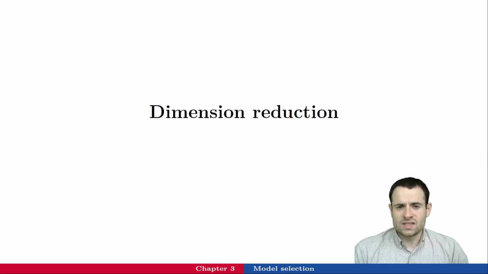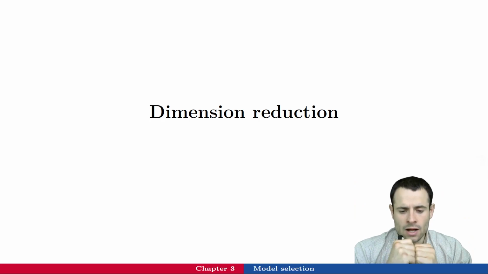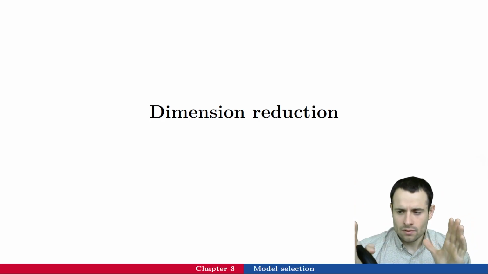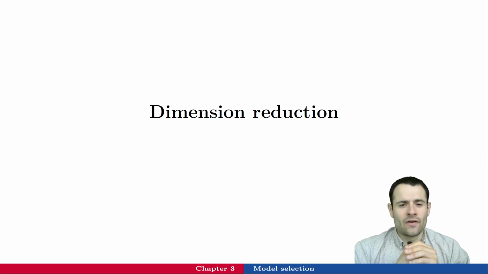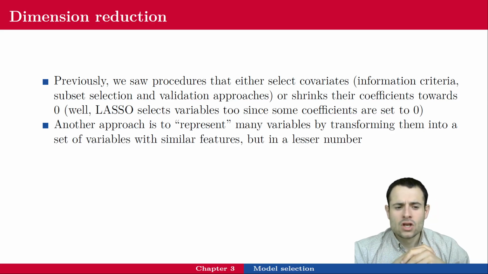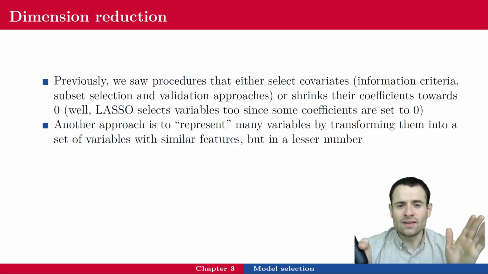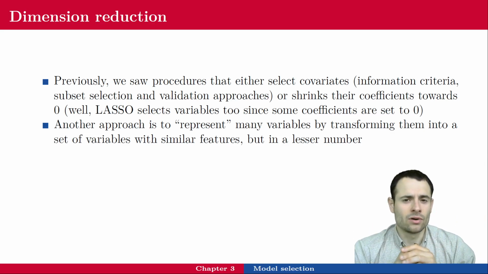Dimension reduction consists in looking at a very high dimensional data set with many variables and expressing them by less variables. So this approach consists in representing many variables by transforming them into a set of variables with similar features, but in a lesser number.